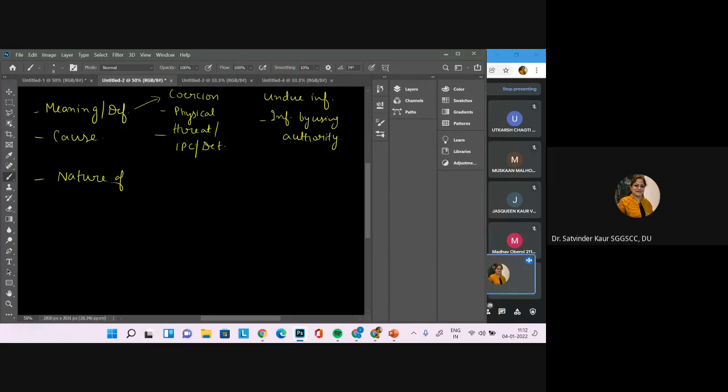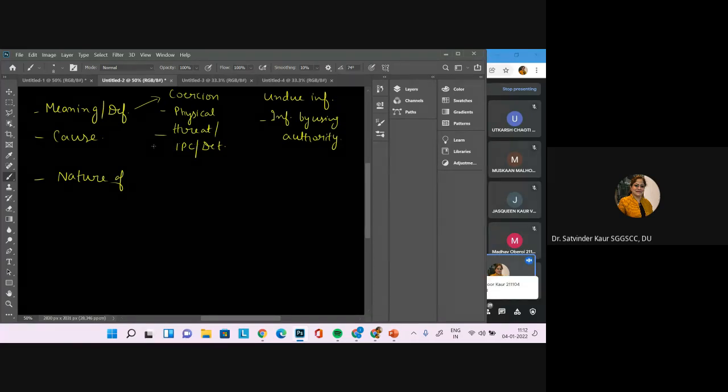When we talk about any activity which is forbidden or restricted by the Indian Penal Code, these generally involve all kinds of criminal activities or activities which are harmful. So there can be a physical threat, or threatening to detain, or committing any activity which is forbidden by the Indian Penal Code.